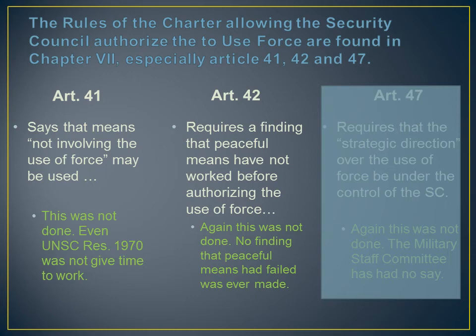No finding was ever made. In fact, it probably could not have been made because not enough time and not enough effort was put into trying to resolve the dispute peacefully, or even trying to use the means that were adopted in Resolution 1970 to try to resolve the dispute. Nevertheless, the Security Council acted under Article 42 to use force against Libya.